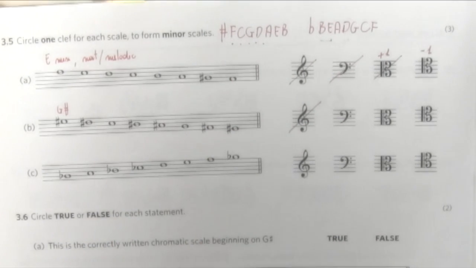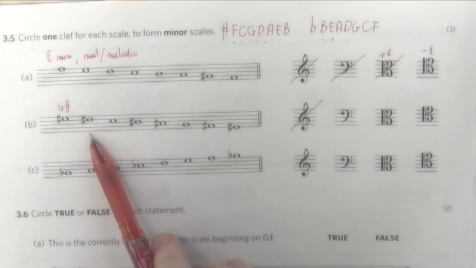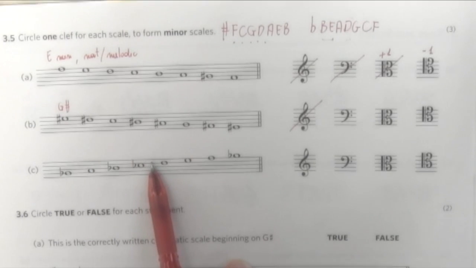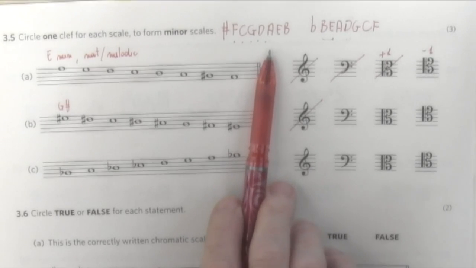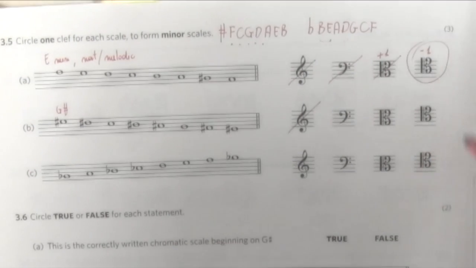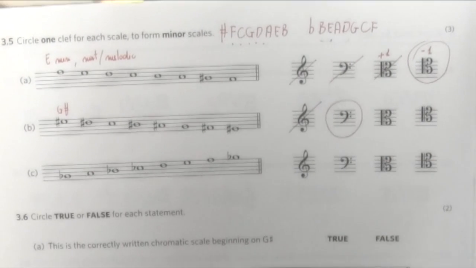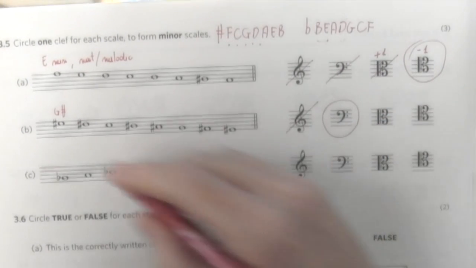So I think this is G sharp minor. And in fact, we have the natural scale here because there is just the number of sharps there is in the key signature. So I think the answer here is the bass clef. Oh, I forgot to circle this. The answer is the bass clef, but let's exclude the other ones just in case we missed something out.